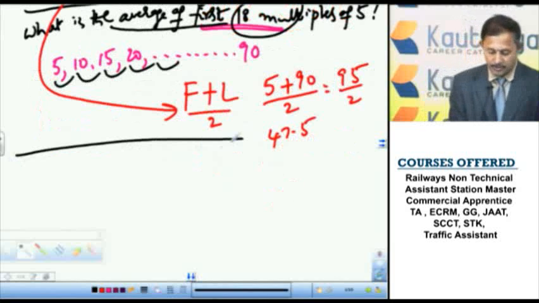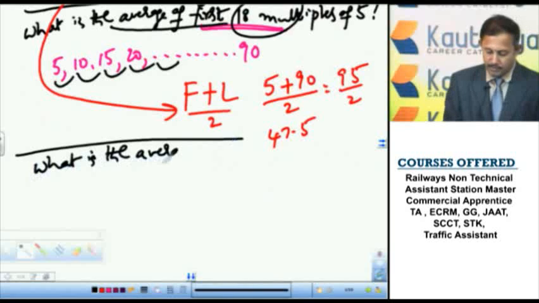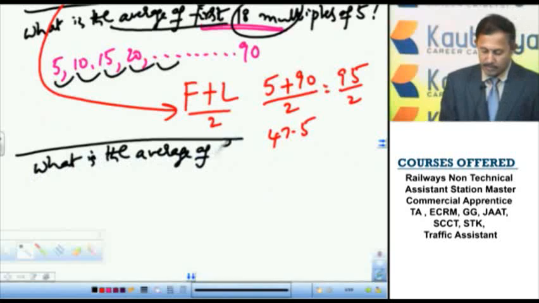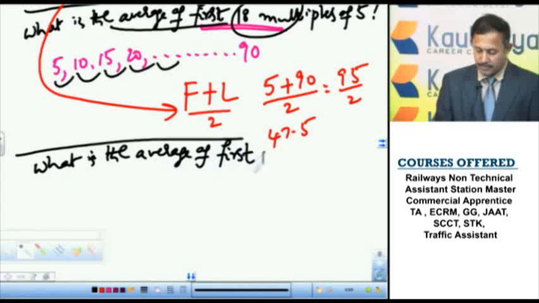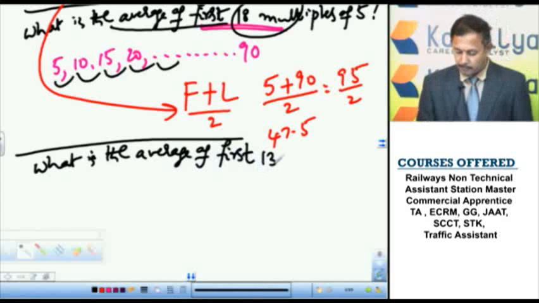And suppose this is the question: what is the average of first 13 multiples of 3?